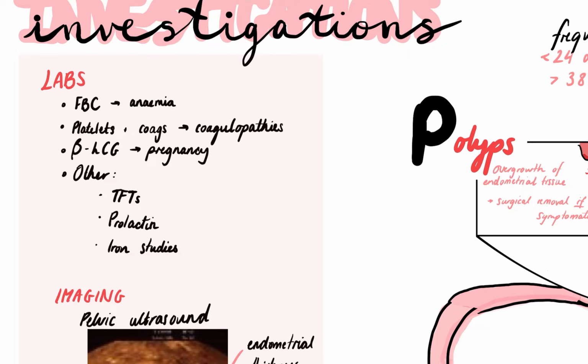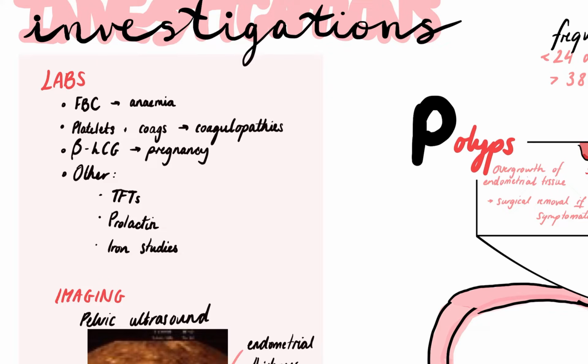These are not necessarily diagnostic, but they can help to inform the management of this patient. To cover things like anemia, we would look at the full blood count. We can look at platelets and coags to look for coagulopathies.